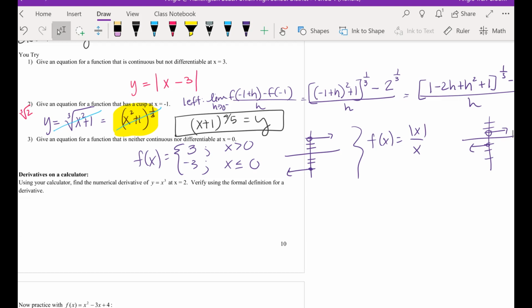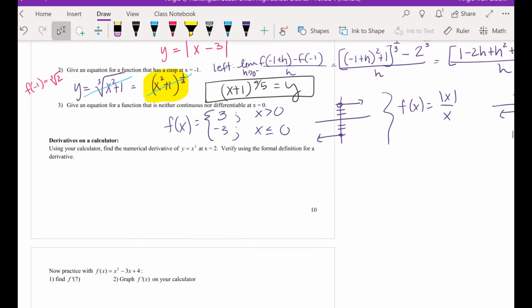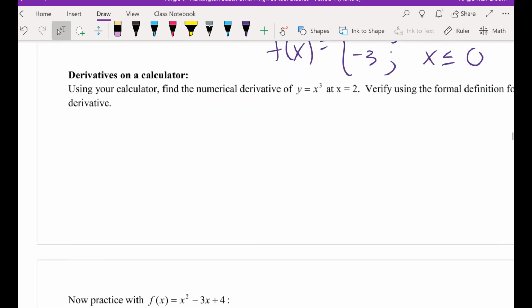Derivative on the calculator. Raise your hand if you already know how to do the derivative on your calculator. Okay, so this is like an easy one for us then. Here we go. Method number 1. This is going to be a graphing method.